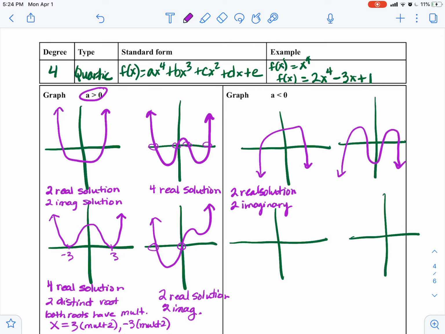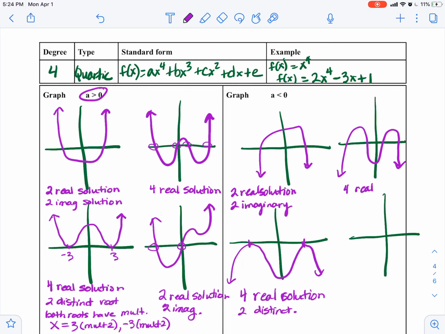Upside down, again, this would be 4 real. My next one would be, again, those don't look right, but we'll pretend they're touching here and here. So this would be 4 real solutions, but only 2 distinct.